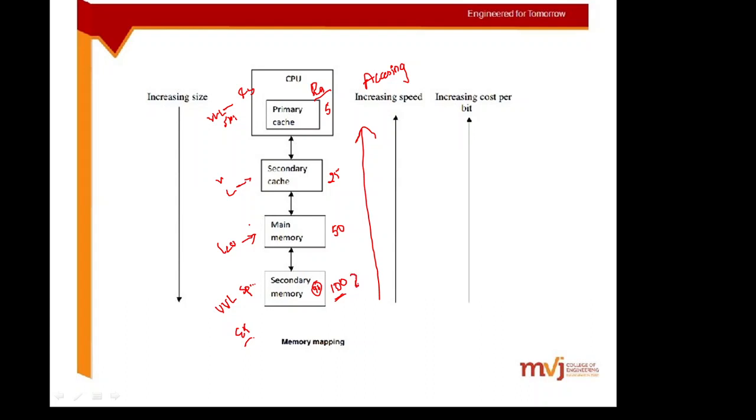Because, for example, in your class, in A section 60 students are there, and in B section 60 students are there. If I want to find some person X, I can find them easily among 60 students. But with 120 students sitting together, it will be a bit difficult for me to point out that particular person among the 120 students.